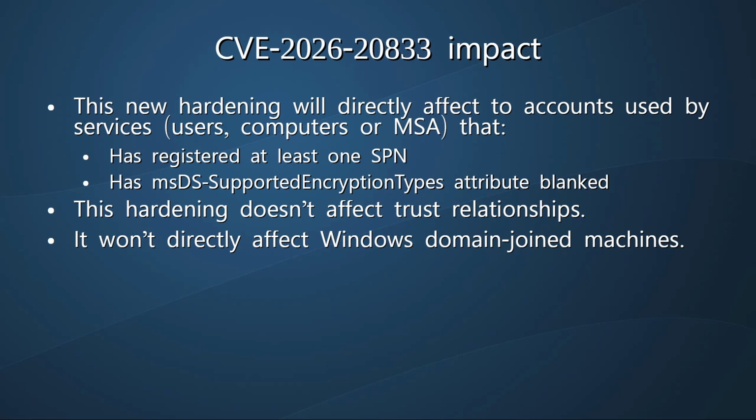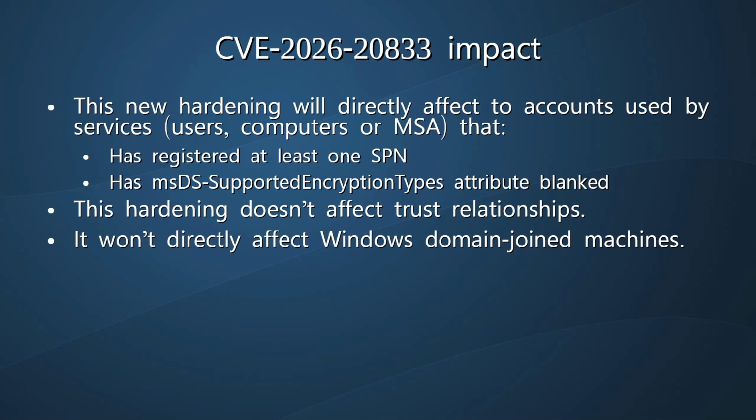When you join a Windows machine to the domain, one attribute is filled in, and that attribute is msDS-SupportedEncryptionTypes. That is why these machines are not affected. However, you can create a computer object, and that computer object could be linked to any application, so working as a service account.